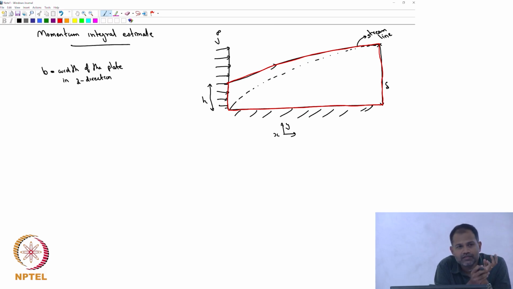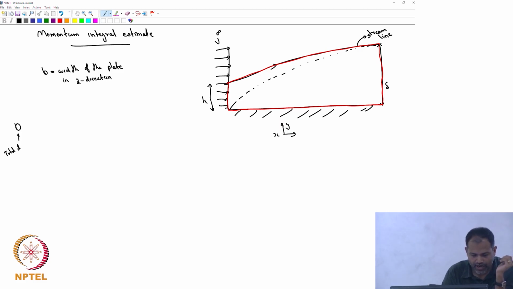So what do we write? Momentum flux in minus out is equal to total forces. The only force, since we are writing it on the fluid, is this: the solid is going to exert some retarding force, some drag force, on the fluid that's flowing. So let me call that force D. So what is D?